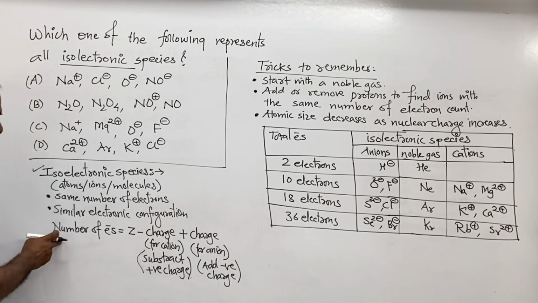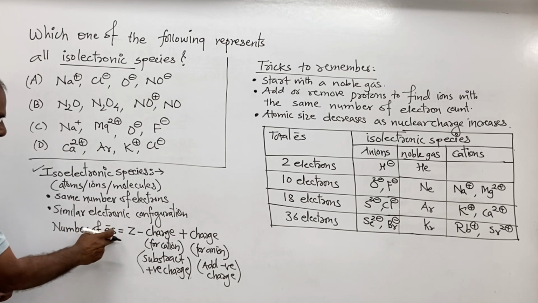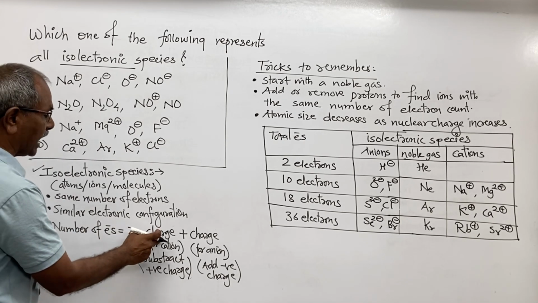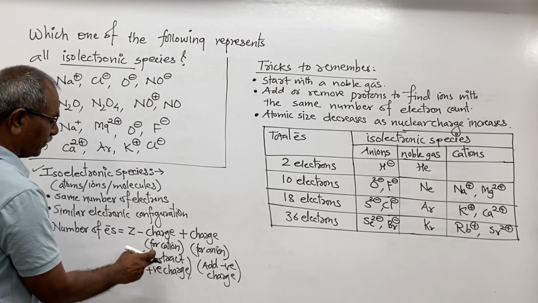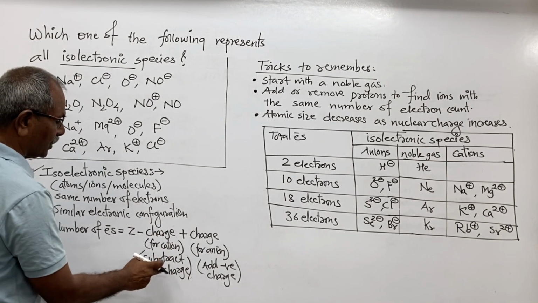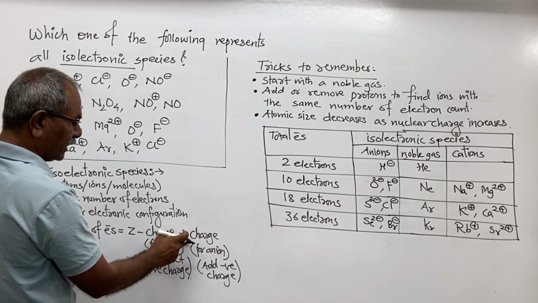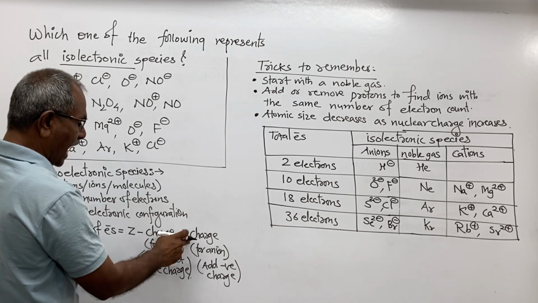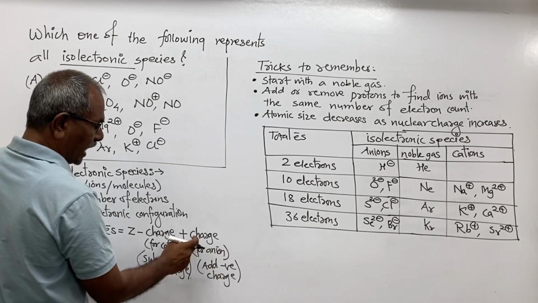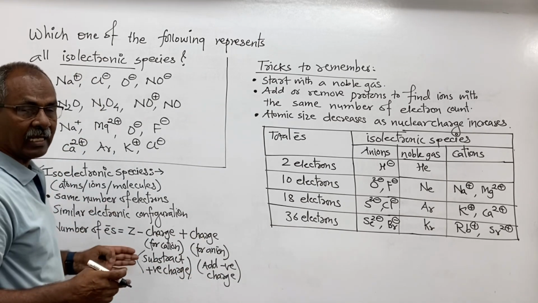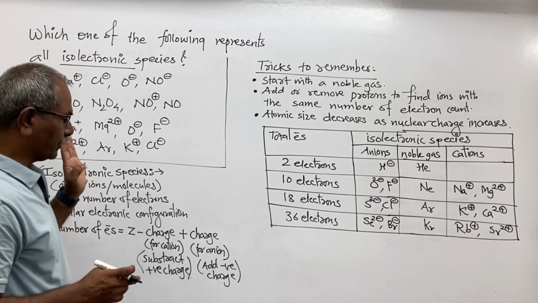So by using this formula, number of electrons is equal to Z, that is the atomic number, minus charge for cations. Means you have to subtract the positive charge from atomic number, and if there is an anion, then add the negative charge so as to calculate the number of electrons in any atom or ion.